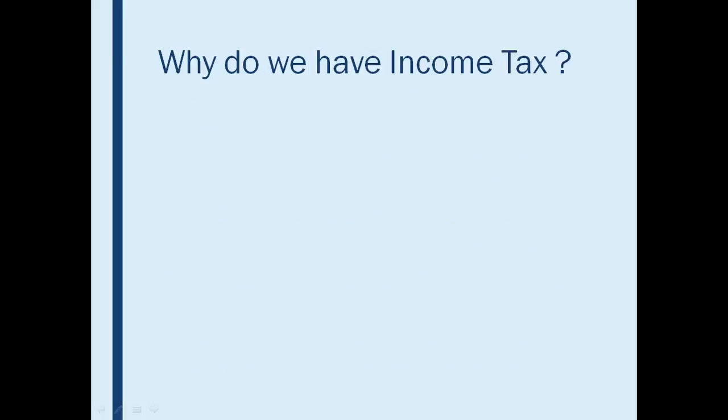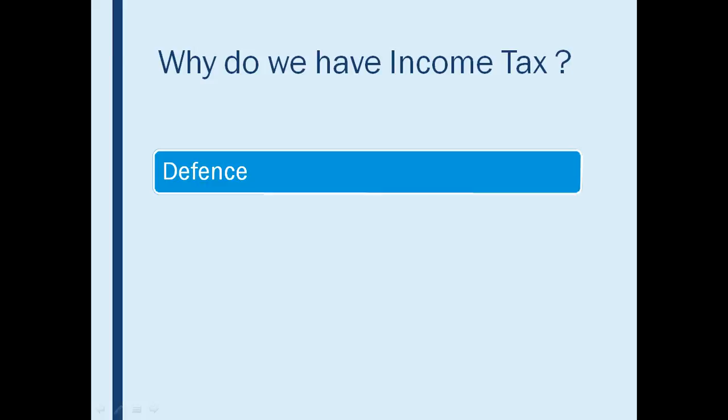Why do we have income tax? The answer is pretty simple. The government does a lot of things for its citizens and its residents. It provides defense services, so it protects the borders, and it invests in various defense equipment and programs so that all its residents can have a peaceful life.